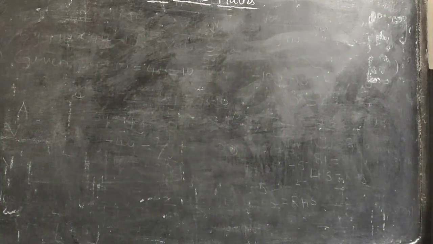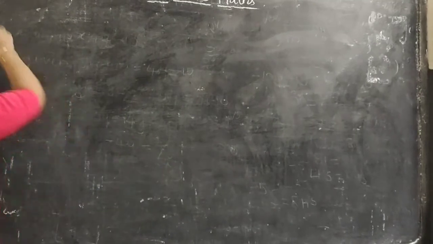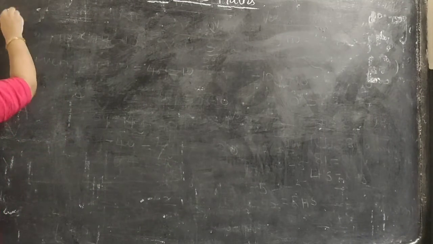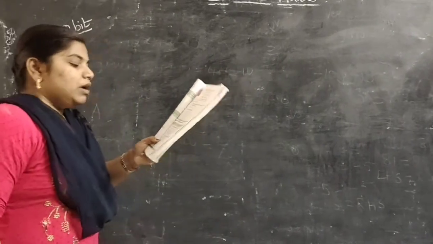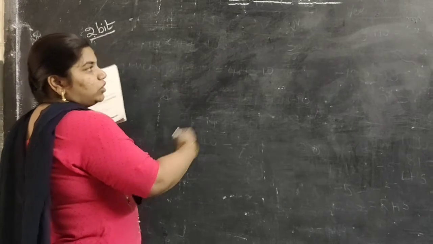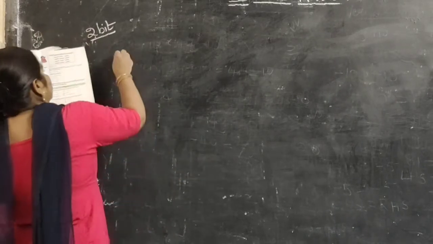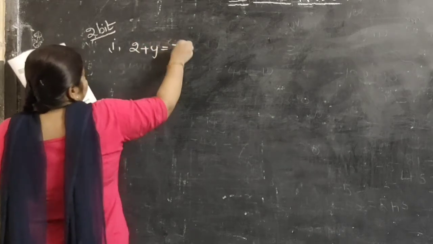Solve the following equation by transposing the terms and check your answer. Now we are using the transposing method. By using transposing, we have to find the variable values and also do verification whether the answer we got is correct or not. So first one, 2 plus y is equal to 7.